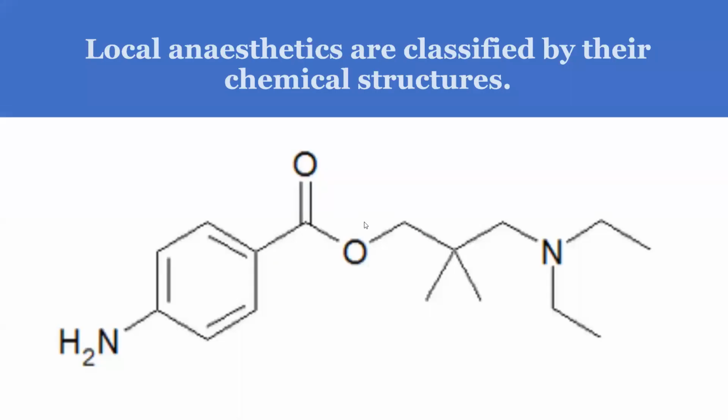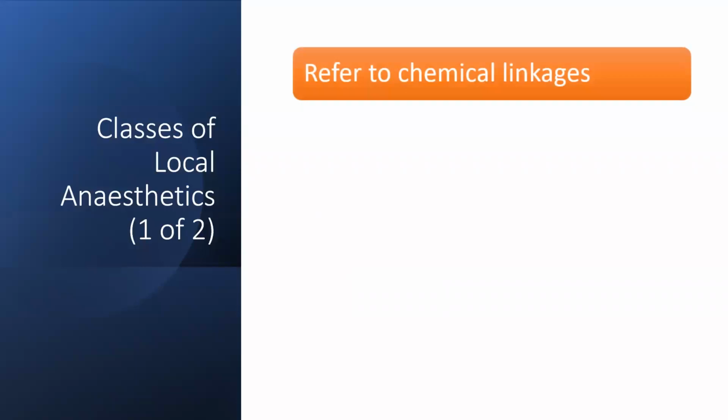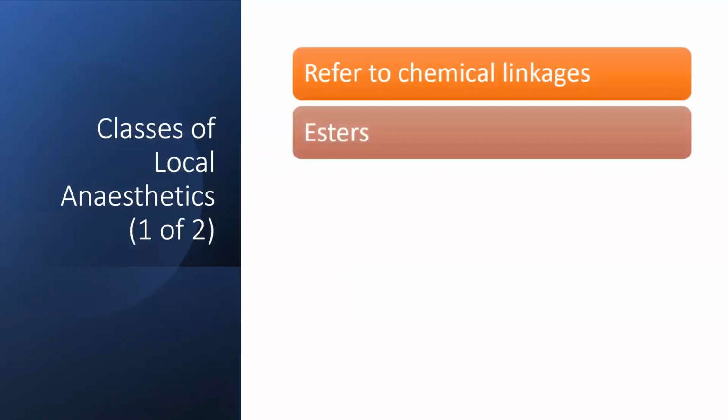Now local anesthetics are classified by their chemical structure. It looks like this. It has a benzene ring, a nitrogen, and oxygens in them. What are the classes of local anesthetics? They refer to the chemical linkages. The local anesthetics can be esters.